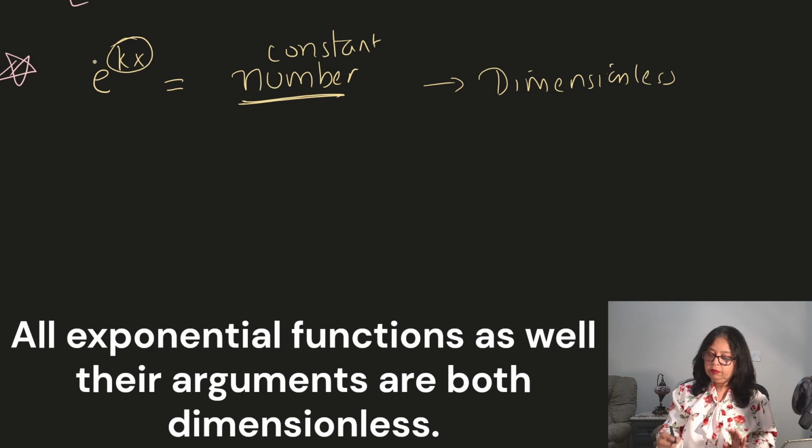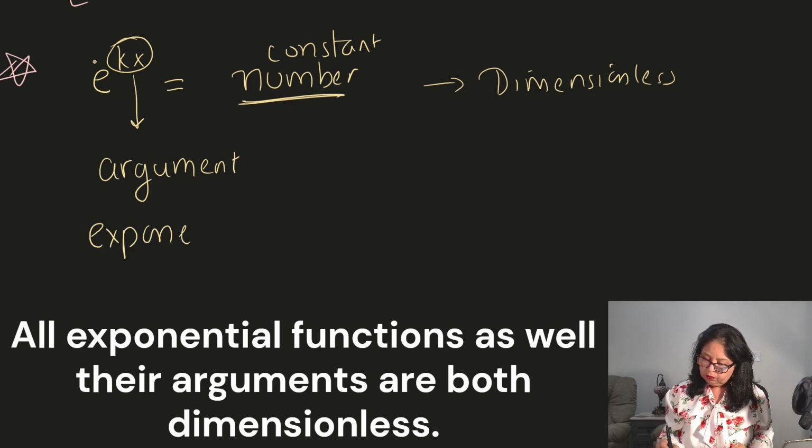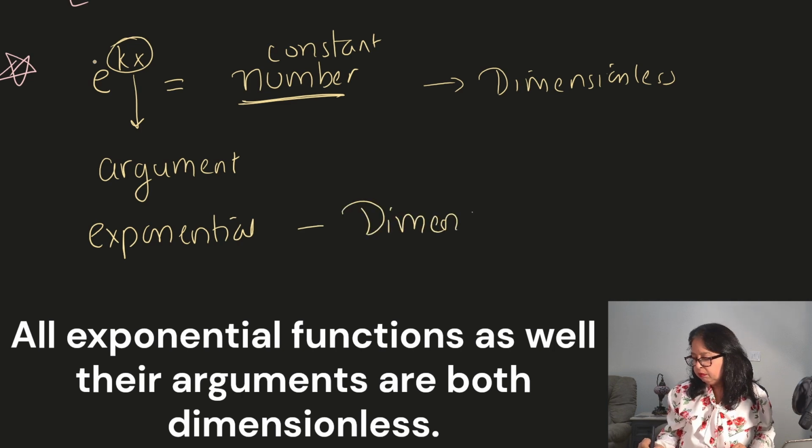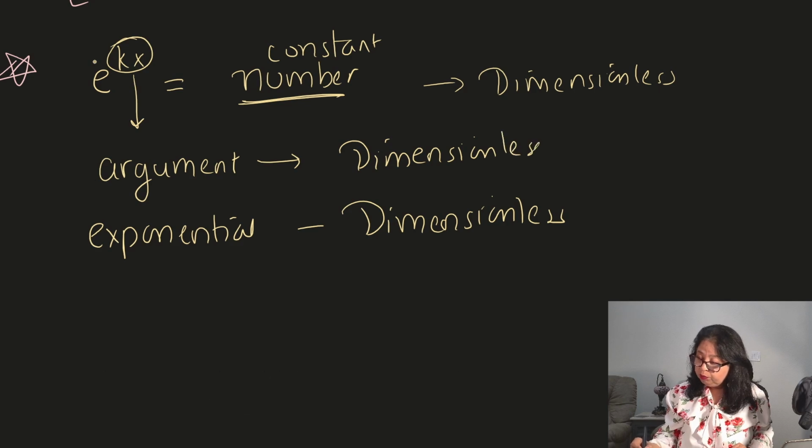And that was one thing. And this argument, kx, is the argument here. So again, exponentials, dimensionless. Not just that, even the argument will be dimensionless because the argument needs to be a number.